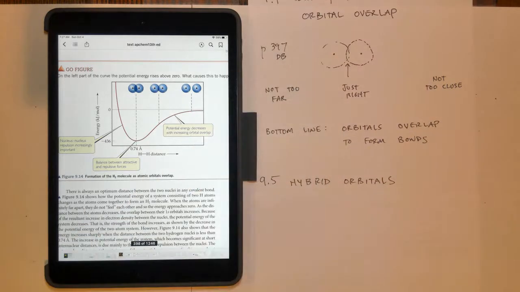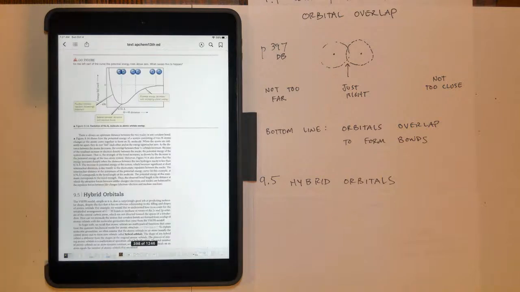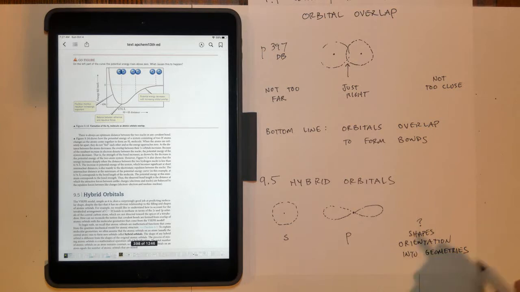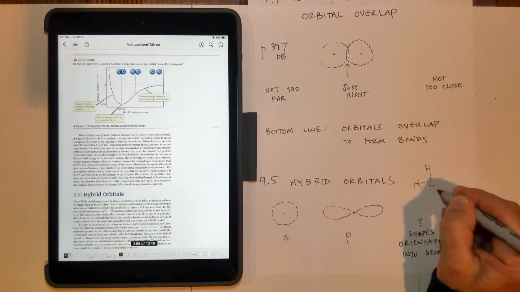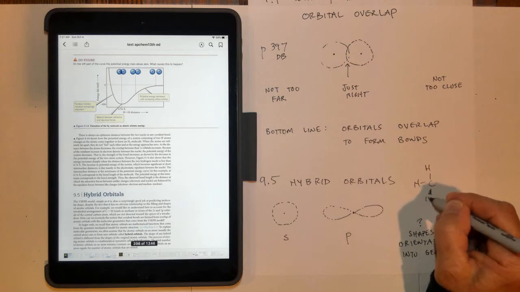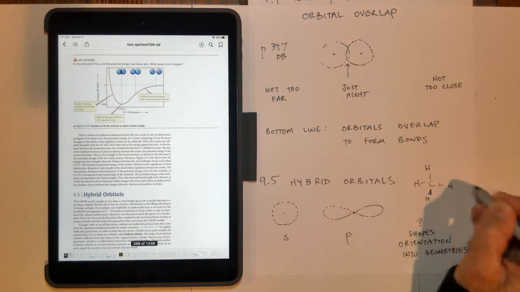Section 9.5 talks about the hybridization of orbitals. Because throughout this study of molecular shape, we've really just taken a look at bonds as being like little sticks. So we've taken carbon and hydrogen like this, and we've just said, oh, then there's this wedge coming out here, and there's this dash going back here, and we can say it's a 109.5 bond angle.